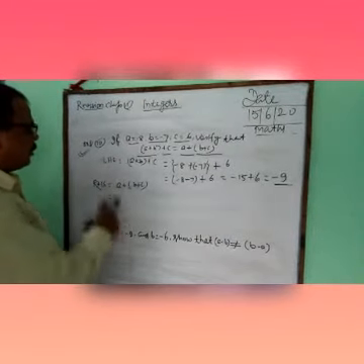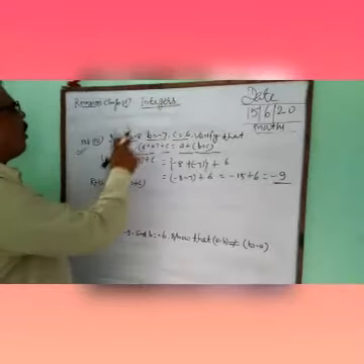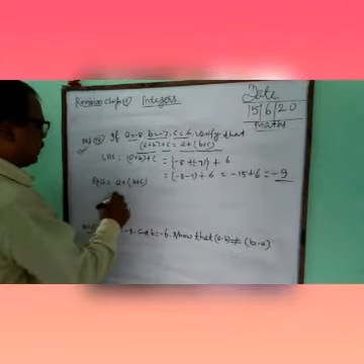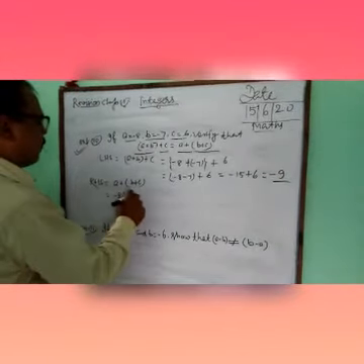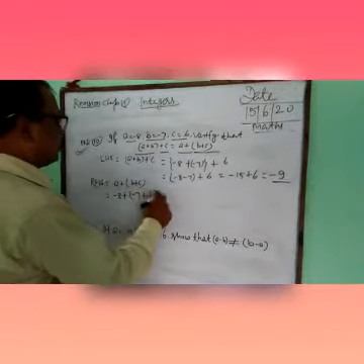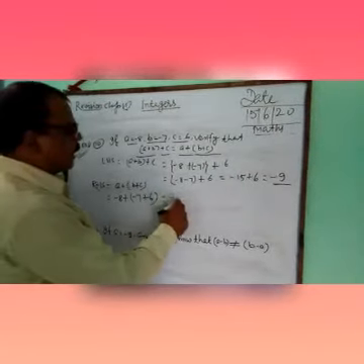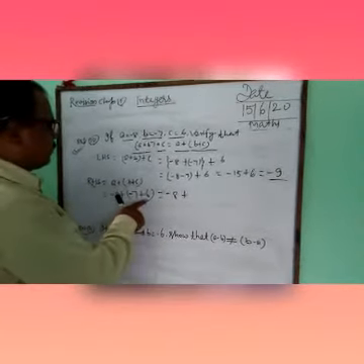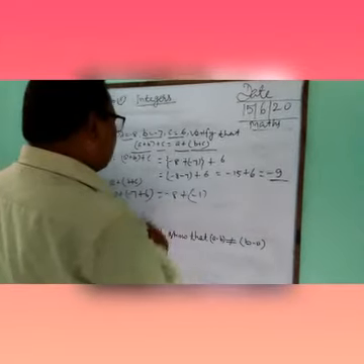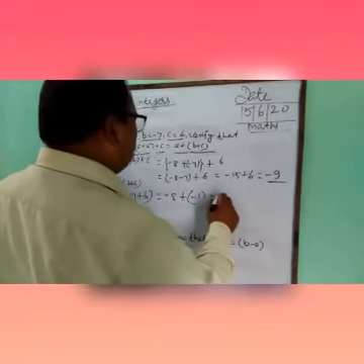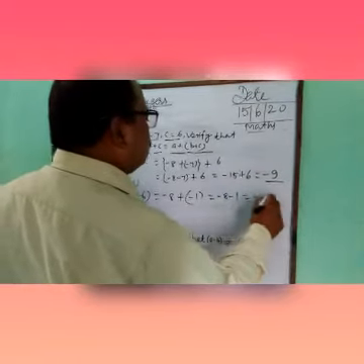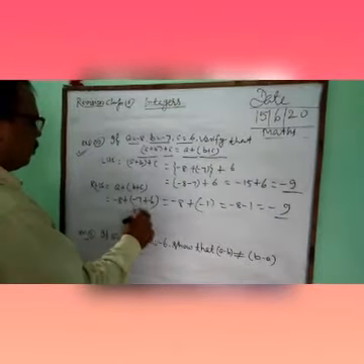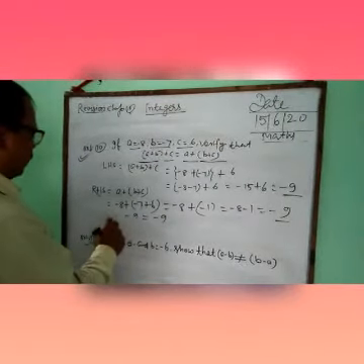Here putting the value of A, B and C: -8 plus (-7 plus 6) is equal to -8 plus (-1) is equal to -9. -9 is equal to -9.